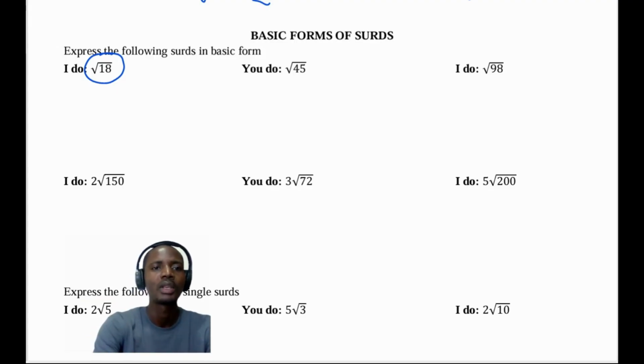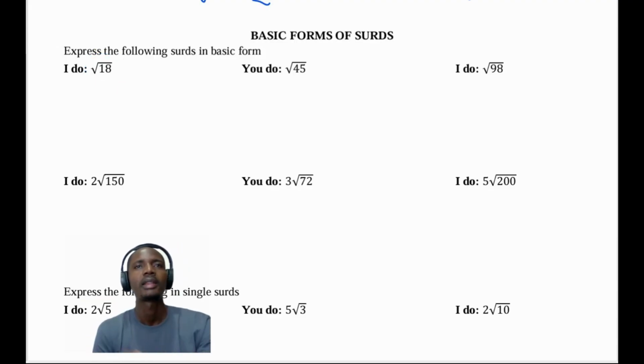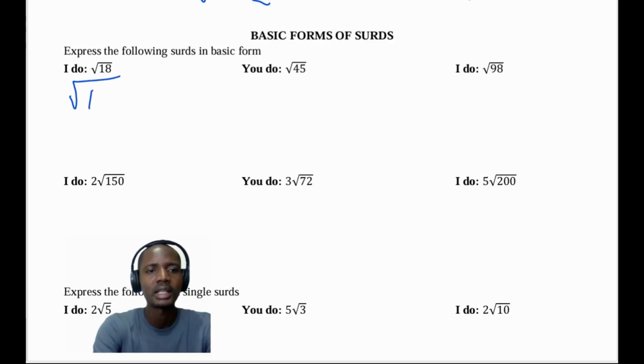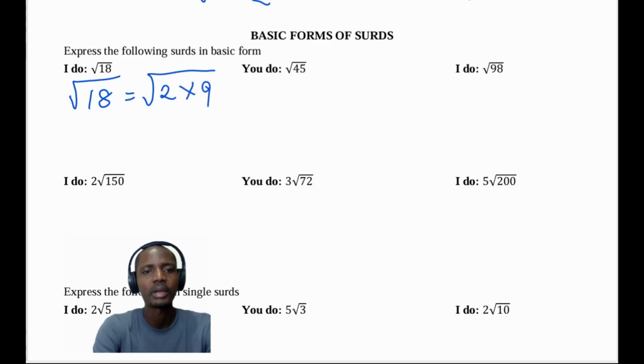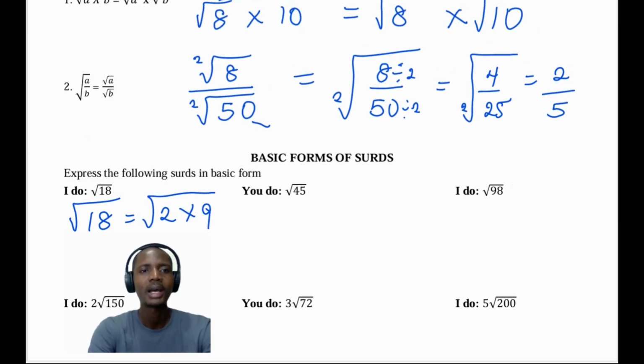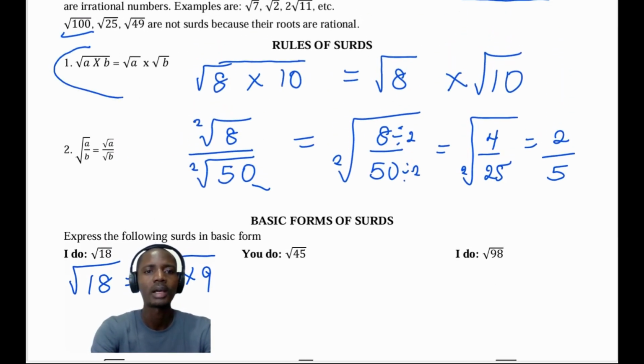What do I mean? Root 18. Think of two numbers I can multiply, the product of two numbers that gives 18, such that one of the numbers is a perfect square. Root 18 is equal to the root of 2 times 9. Remember, 9 is a perfect square, right? So with this, we can go back to this rule, remember?